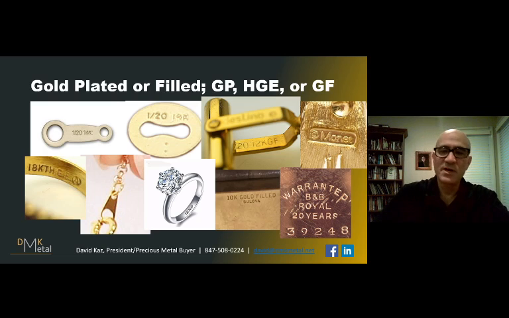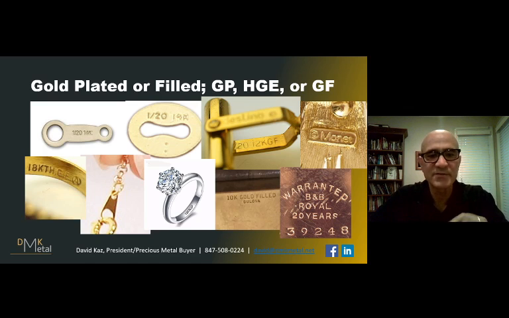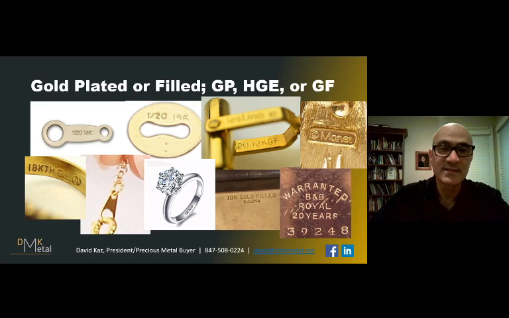Now in a pocket watch that's gold, if you open up the window and you see that it says warranted for 10 years, 20 years, basically that's telling you the gold plating will last for 10 or 20 years. And again, that tells you that that item is in fact plated and it's not solid gold.